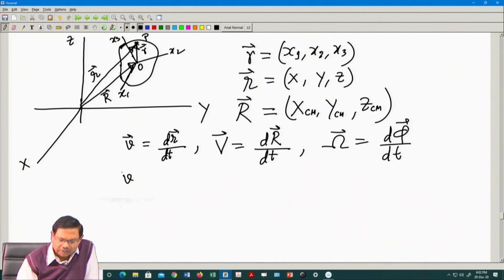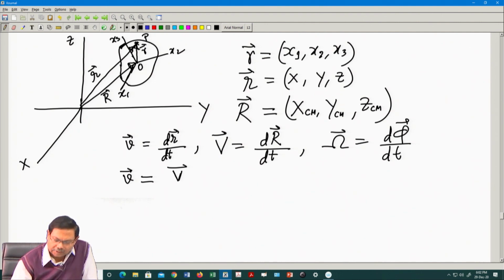The velocity of point P has V because of translational motion, and because of rotational motion there is omega cross r.